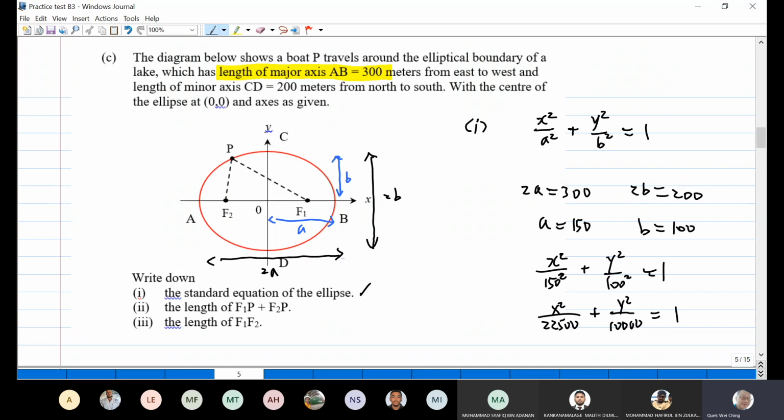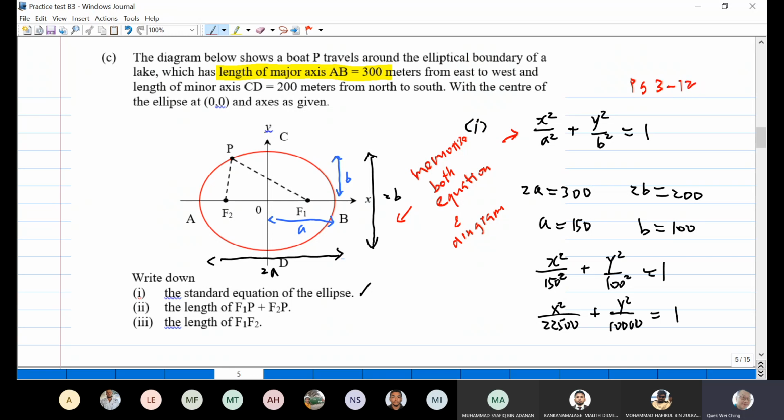Okay. So for this standard equation of ellipse, you have to memorize both the equation and the diagram, because otherwise you cannot tell which is which. Okay, equation and diagram. This equation and diagram are on page 312.